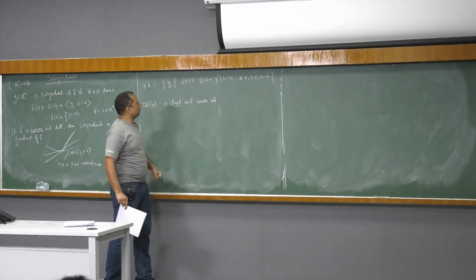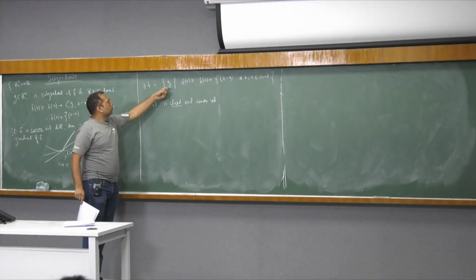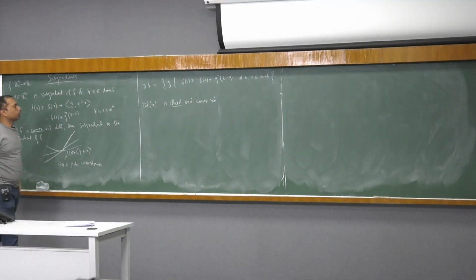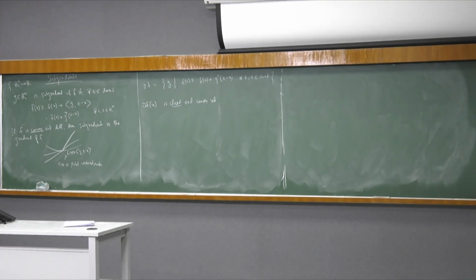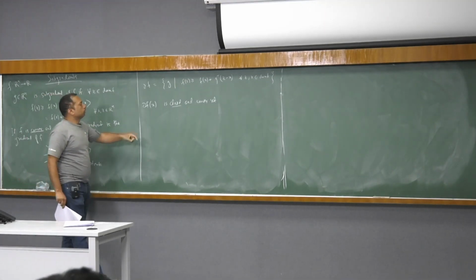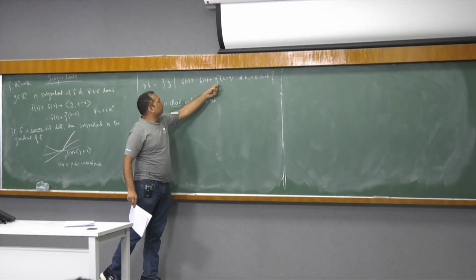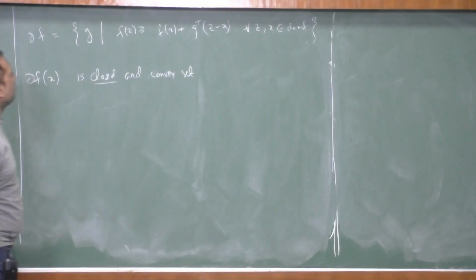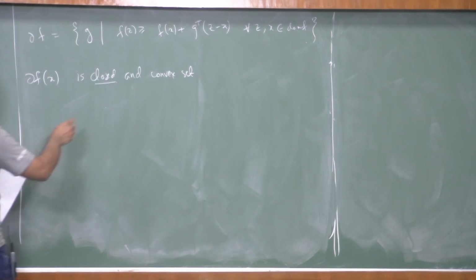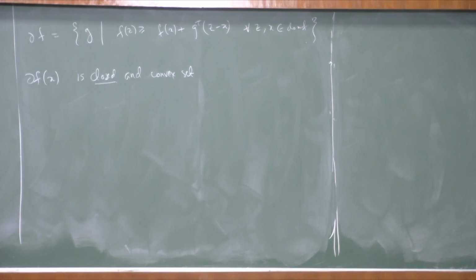So can we write this as an intersection of convex sets? It so happens that we see this set of g's here, and this defines a plane. So we can write this as an intersection of convex sets, in fact half spaces.